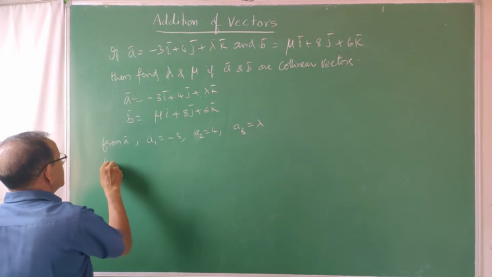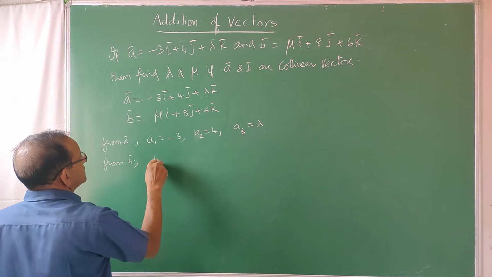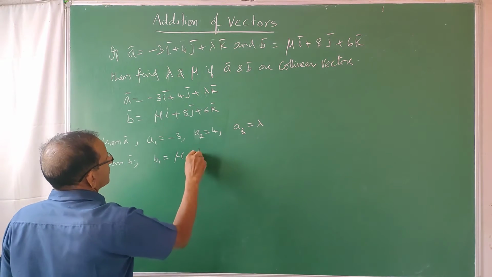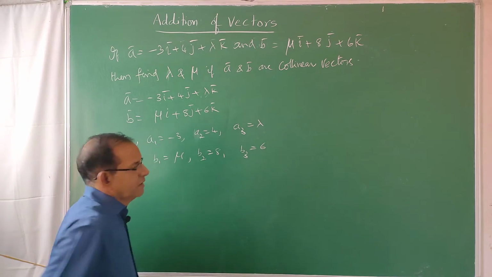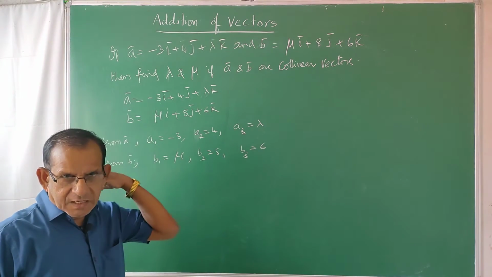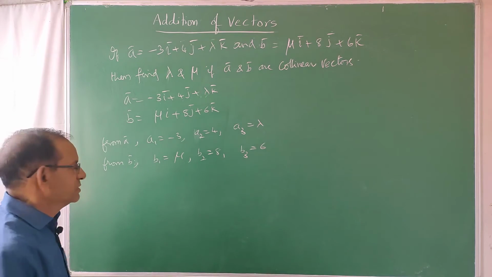From b bar, b1 is equal to mu, b2 is equal to 8, b3 is equal to 6. Because a bar is parallel to b bar, the coefficients must be proportional.